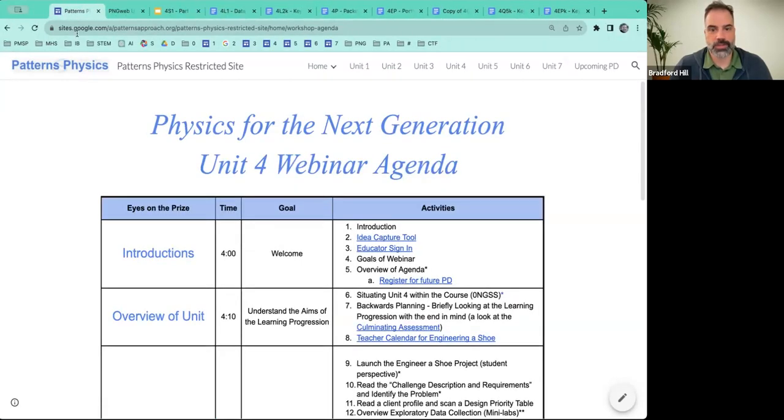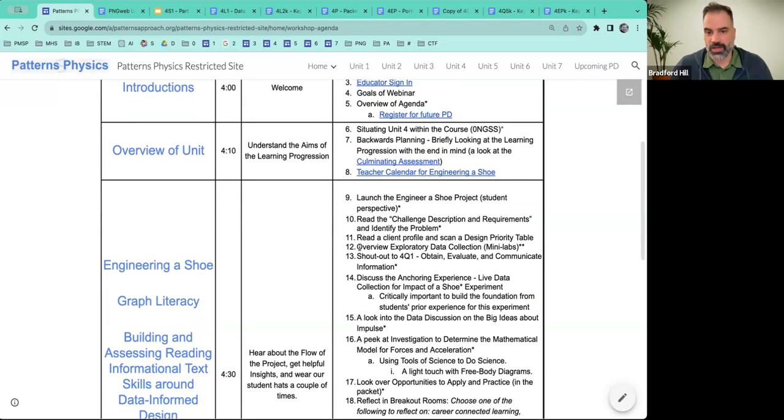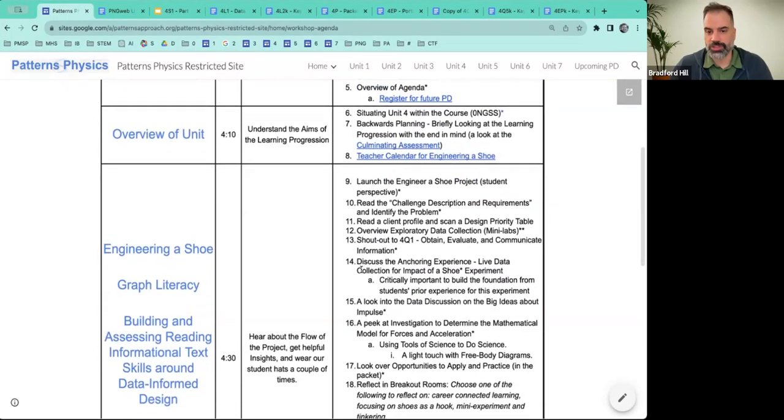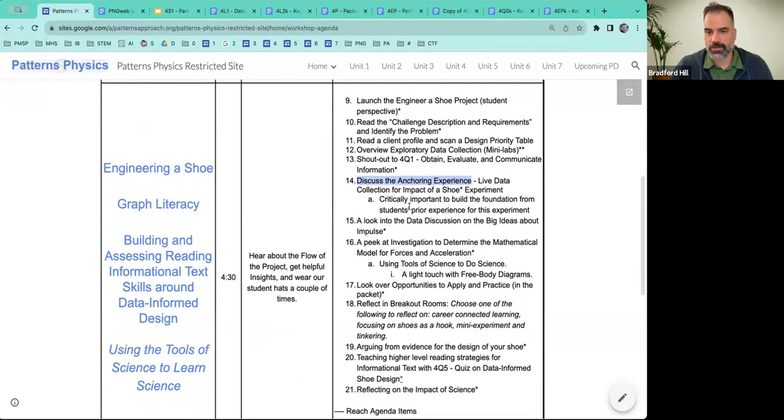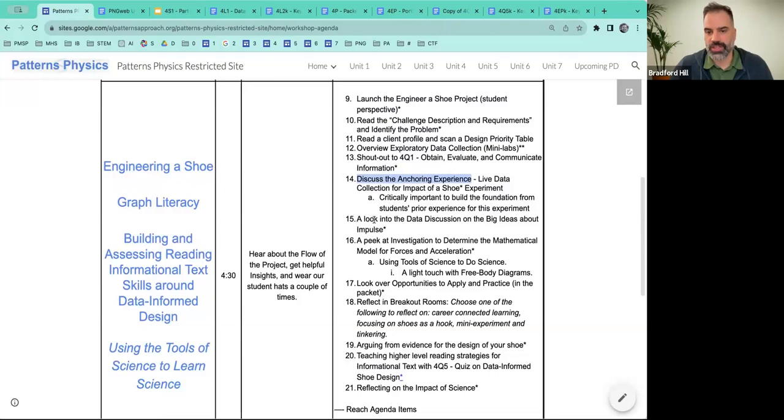Slide that over. Okay, so to see where we are, we were just discussing the anchoring experience, and then looked at the data discussion. Yep, and that, so good.